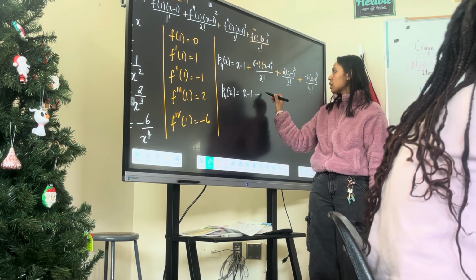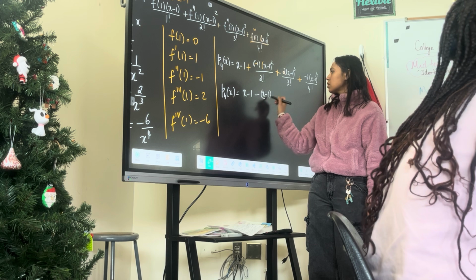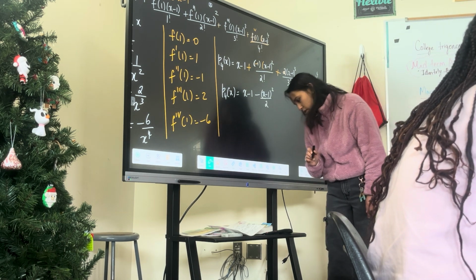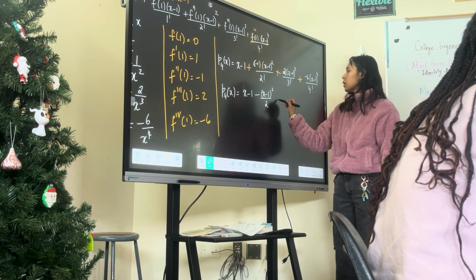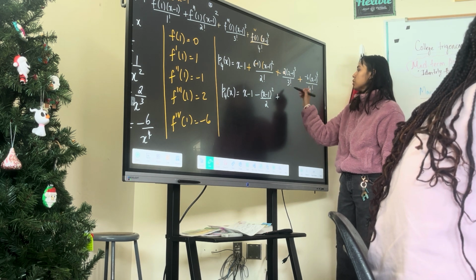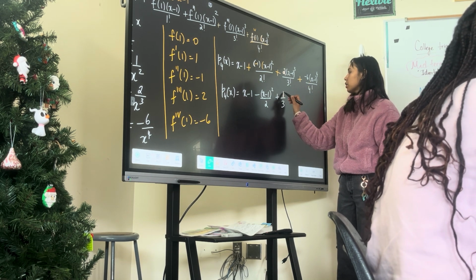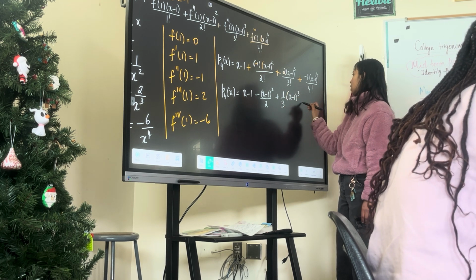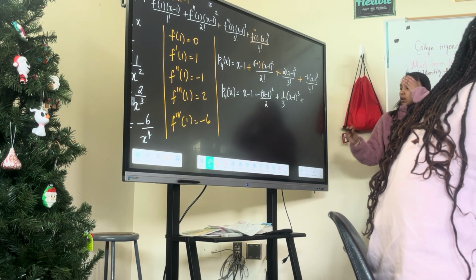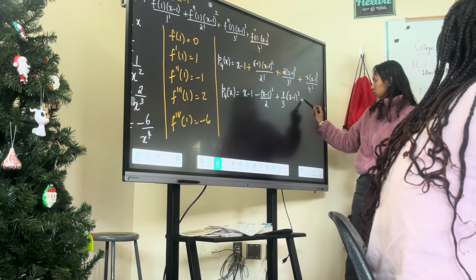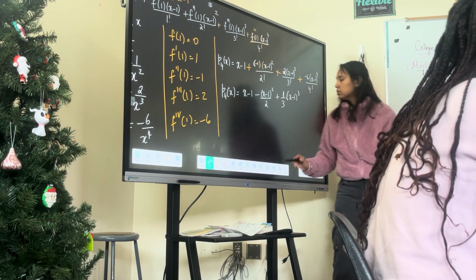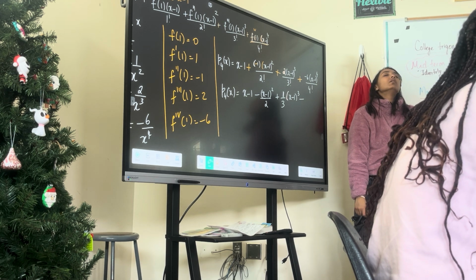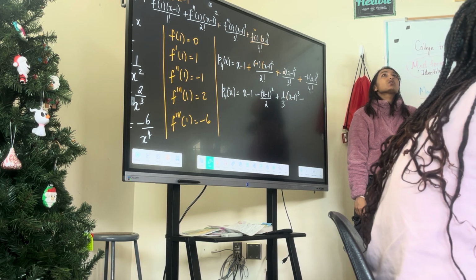Minus x minus 1 squared over 2, plus 2 and 2 cancels out. That will be 1/3 times that. 4 times 3 is 12.